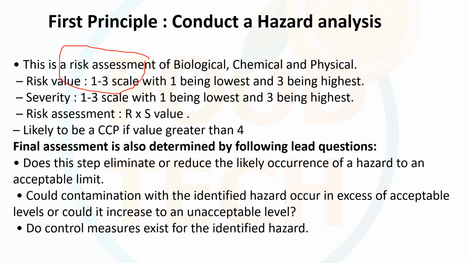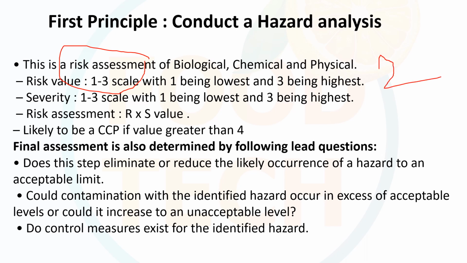During the risk assessment, there is a value for every assessment. Here the risk value is based on a scale of 1 to 3, where it is obvious that 1 is lowest and 3 is highest. In the case of severity also, it is 1 to 3, and then they are multiplied.